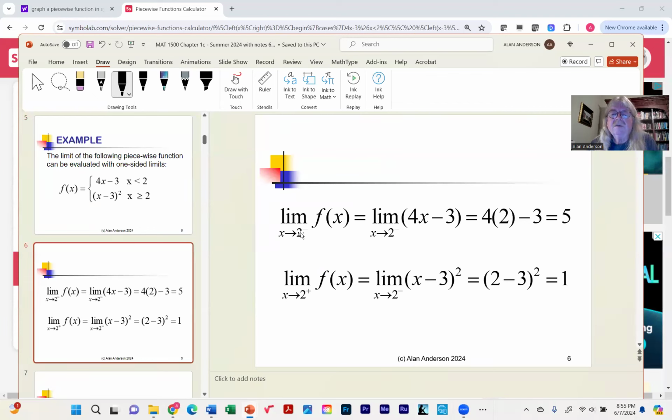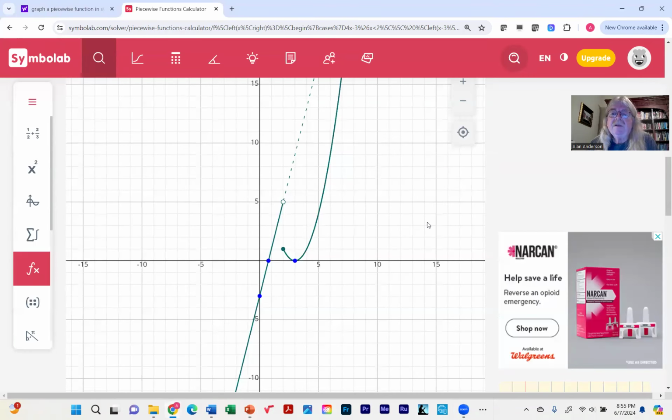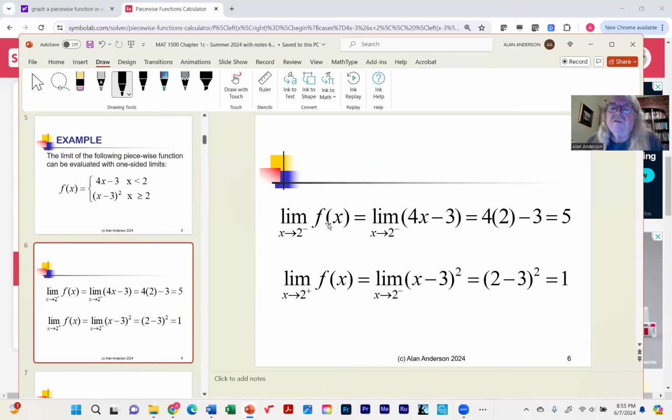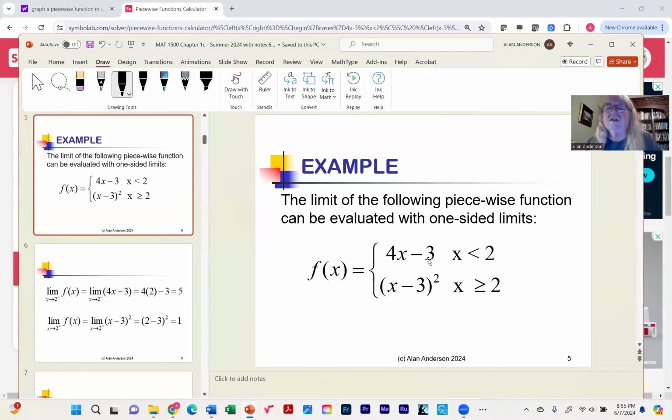So here it's coming from the left. And by the way, because it's a piecewise function, when you're coming from the left, you're plugging 2 into this upper term here. So this is the interesting part. When we're evaluating this from the left, it's the limit of 4x minus 3. In fact, why don't I copy this on here so we can look at it?